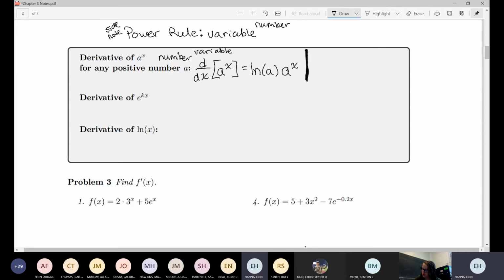More importantly, we will use more often a very specific case of this, which is when we have e to the x. Since the natural log of e is 1, the derivative of e to the x is e to the x. Like everyone's best friend, because it just stays itself. Everyone loves that rule. Or maybe they don't, I don't know.